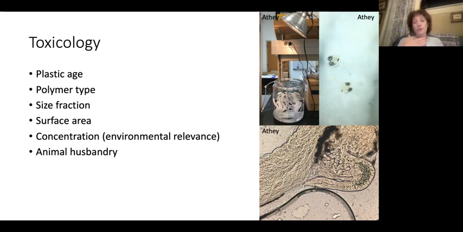You want to report concentration and mass if possible and relate that back to how you came up with that concentration. Is it based on an environmentally sampled amount, or is it just based on person X exposed animals to this concentration, and I wanted to see if I saw the same effect. Explain your rationale. Animal husbandry, of course, is really important too. What's your IACUC protocol if you worked with vertebrates?